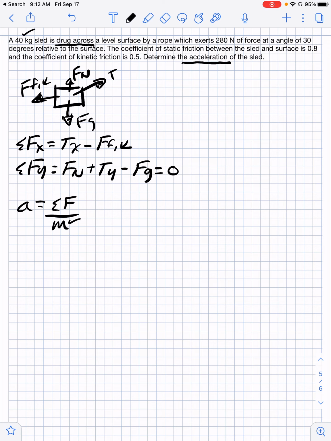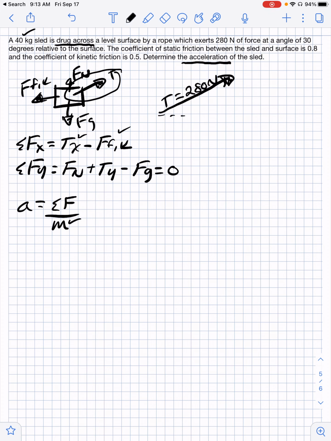Let's start with our tension in the x direction. I'm going to blow up this little triangle right here. We have tension going this way, and our tension was equal to 280 newtons. We have our Tx here and our Ty here. Your Tx, and theta is equal to 30 degrees, is adjacent to that angle, so we're going to use the cosine function.